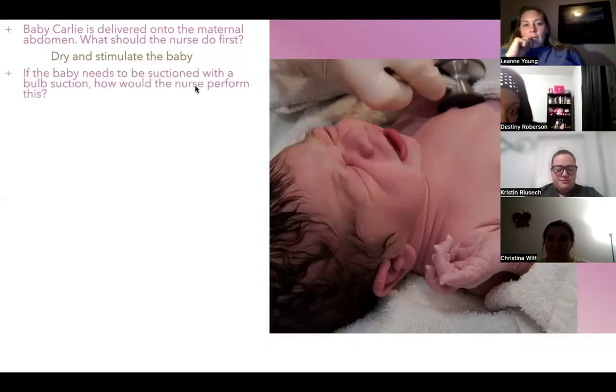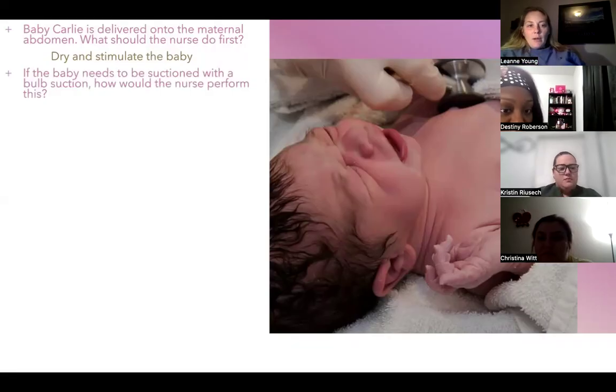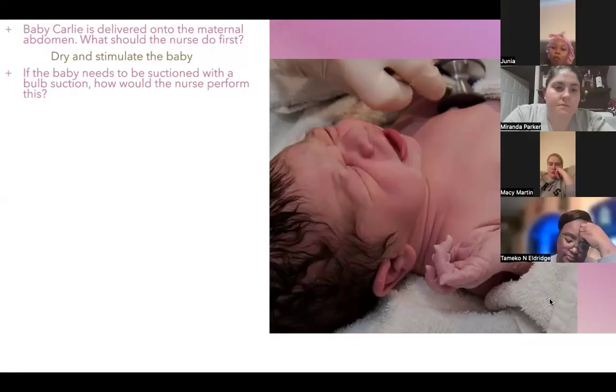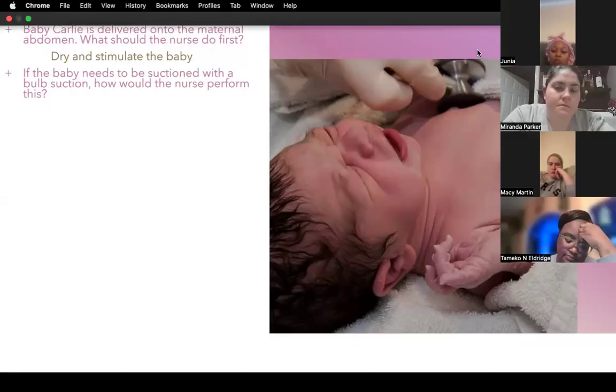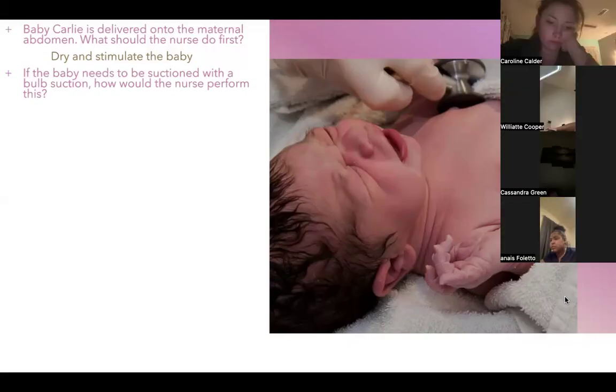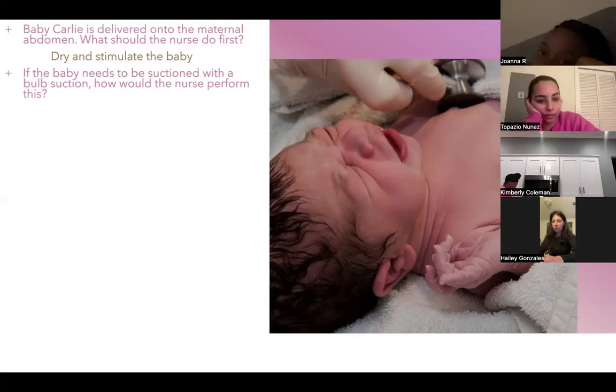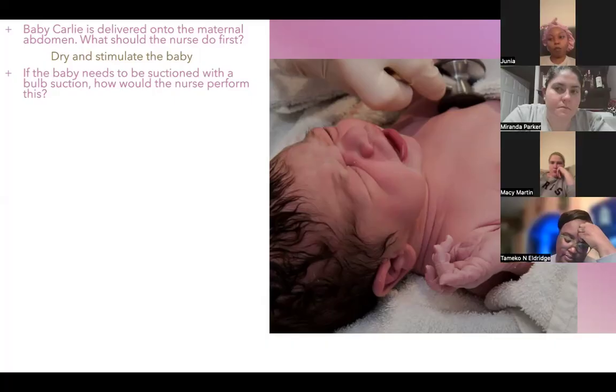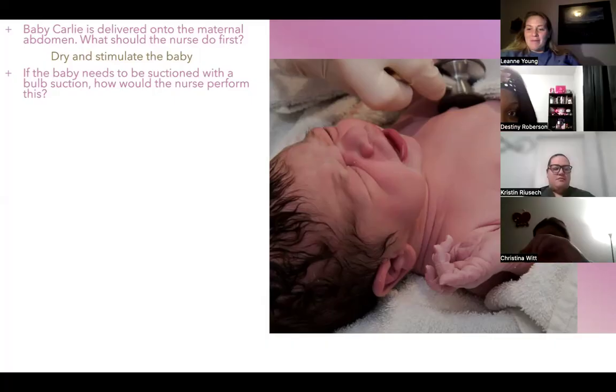If the baby needs to be suctioned with a bulb suction, how do we do this? What's the order that we suction baby? There's a specific order to it. I don't know, but common sense is telling me you would squeeze the bulb outside of the mouth and then put it in and then release it so that you're not blowing anything down, but you're only pulling out.